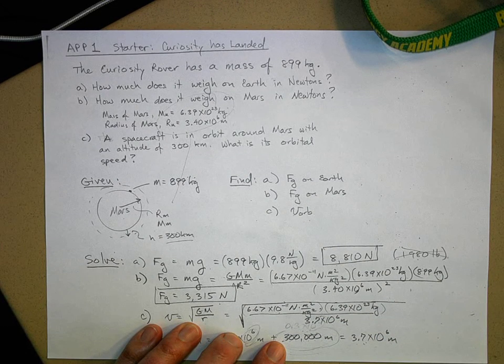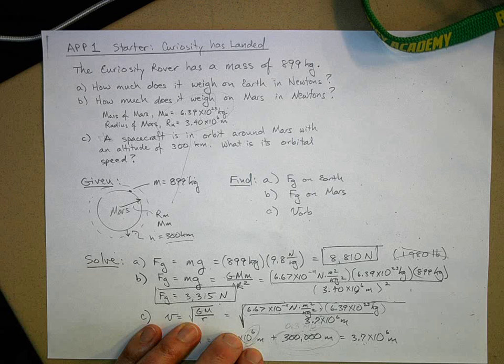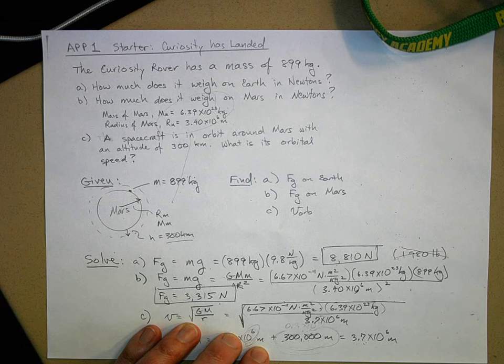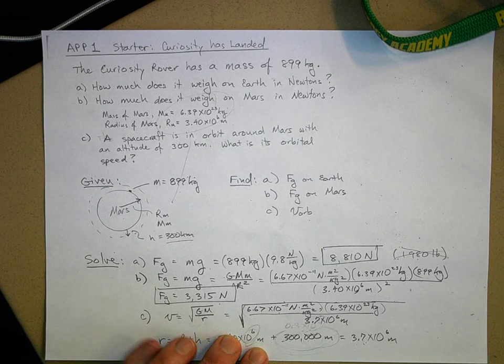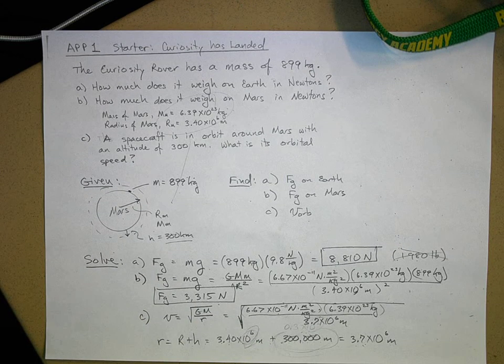So let's do the arithmetic one more time. 6.67 times 10 to the negative 11 times 6.39 times 10 to the 23, divided by 3.7 times 10 to the 6 equals, and I get, whoa, that's really fast, 1.15 times 10 to the 7 meters per second.